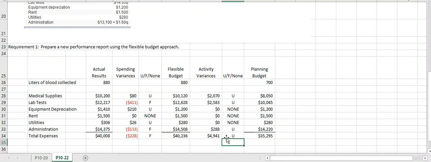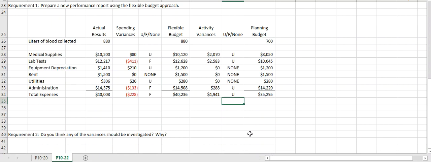And we have a second part of the question that says, do you think any of the variances above should be investigated and why? So we have an unfavorable activity variance and a favorable spending variance.